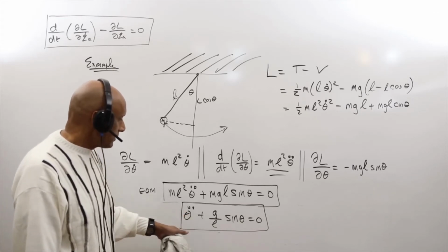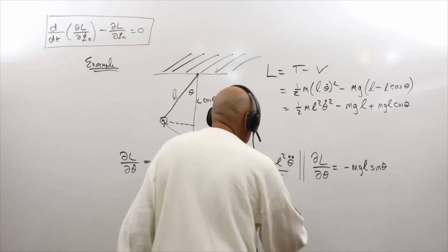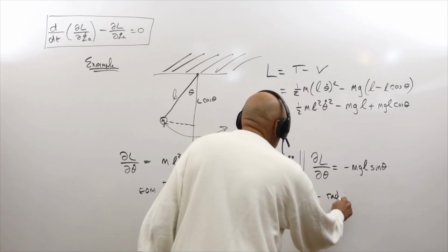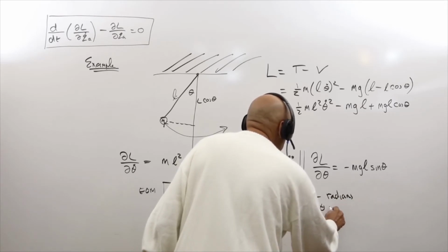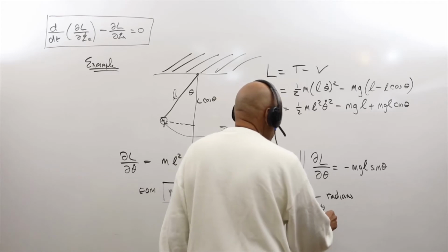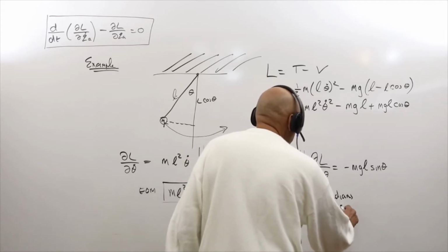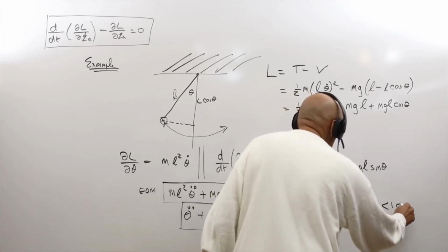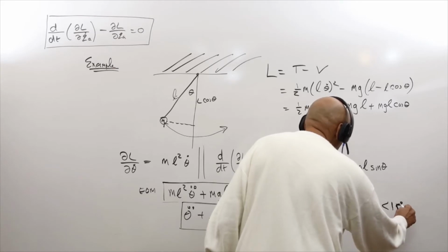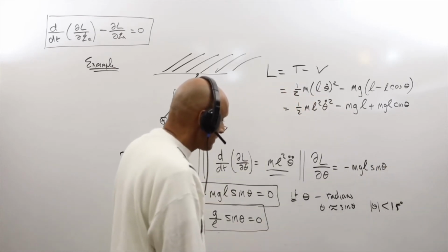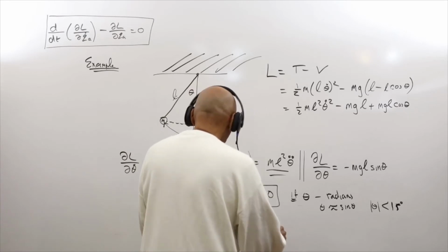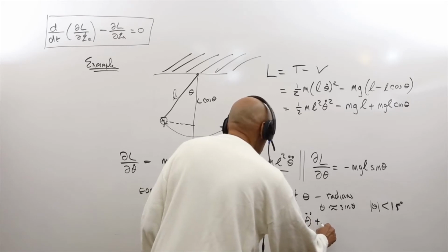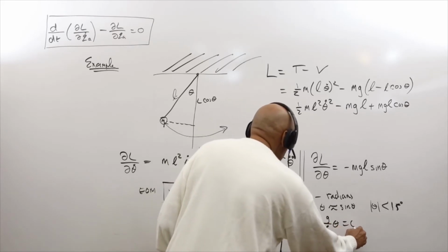But if we assume that theta is in radians, and theta is, let's say, smaller than about 15 degrees, where you can say that sine of theta and theta are approximately equal, then this differential equation approximately gives us a new equation that looks like theta double dot plus g over l theta is equal to 0.